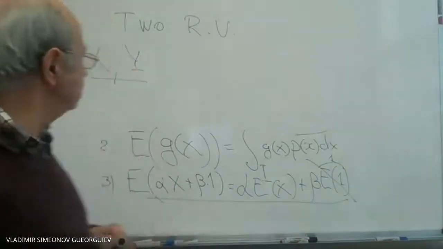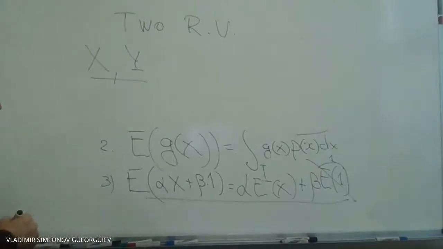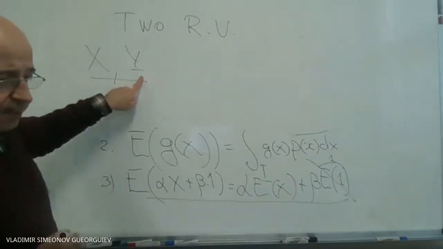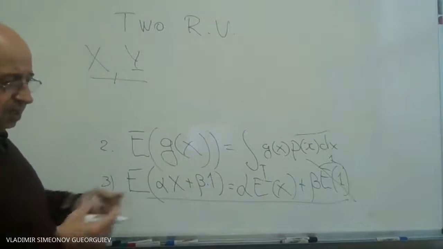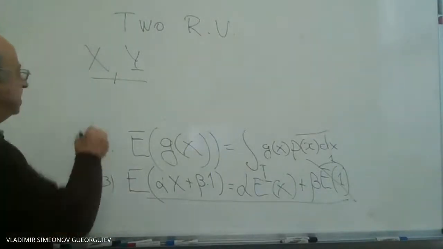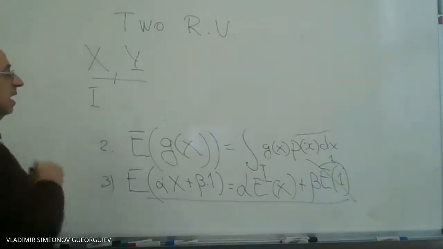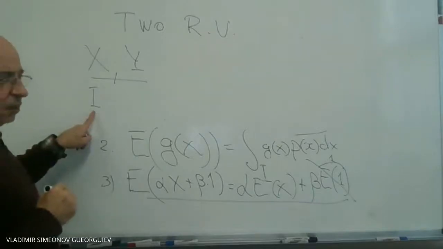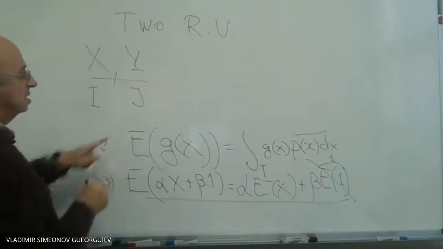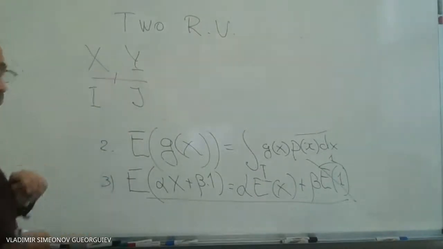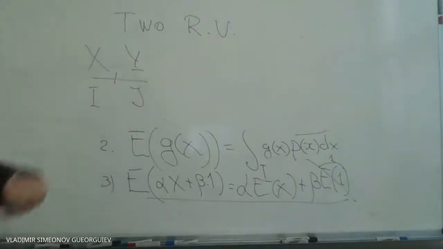And we said that if these random variables are taken separately, they have their interval I, where the random variable x is defined, and j is the interval where the probability density of our random variable epsilon is defined.